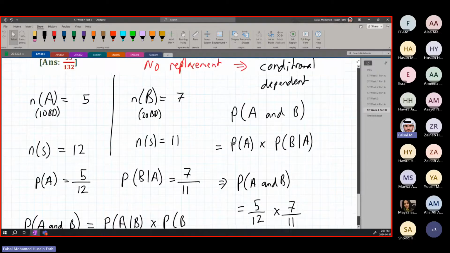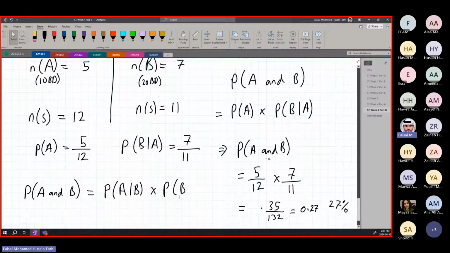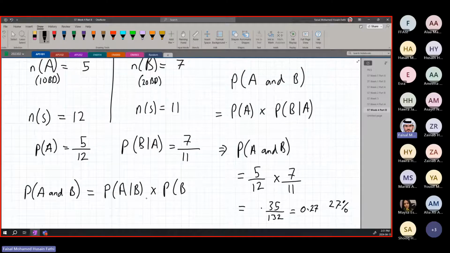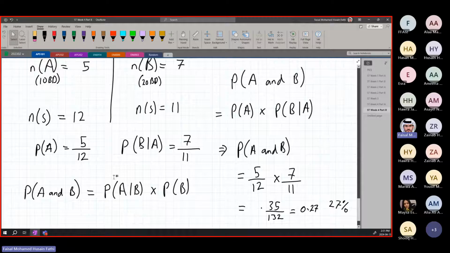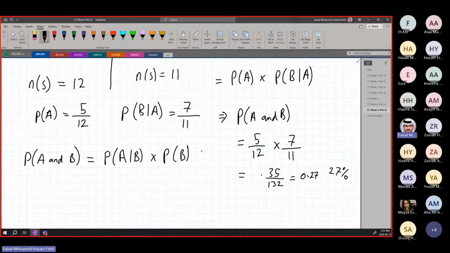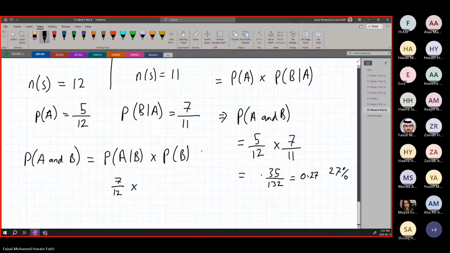Yani, we can say either that A is occurring first and then the second one is this, or the same thing can be said about B is occurring first and then A is occurring after B. We can always swap between these two. It is the same meaning. So if we solve it this way, we were going to get 7 over 12 times 5 over 11. If you notice, it is the exact same equation. You're going to be getting 35 over 132.